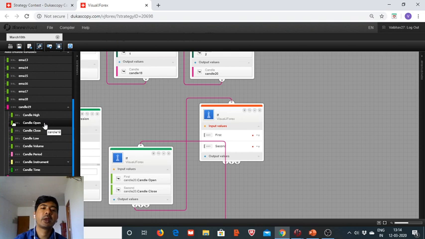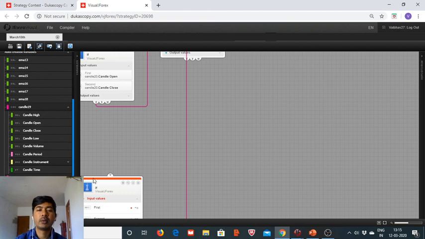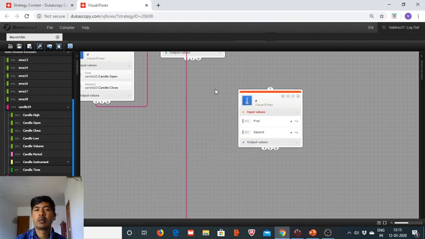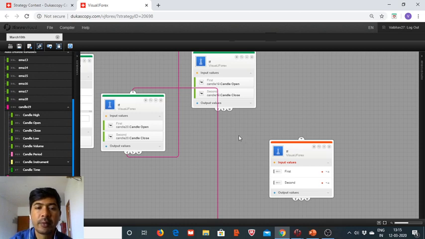That will mean candle open was greater than the candle close. So we make sure that condition is also fulfilled. We required candle open to be greater than the candle close. Okay.